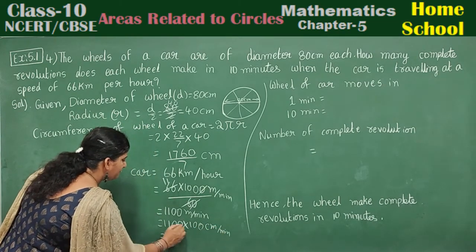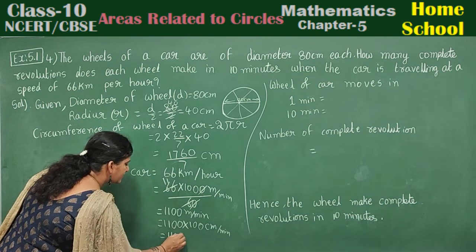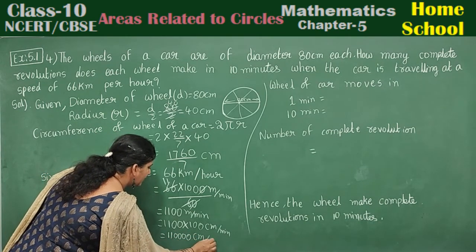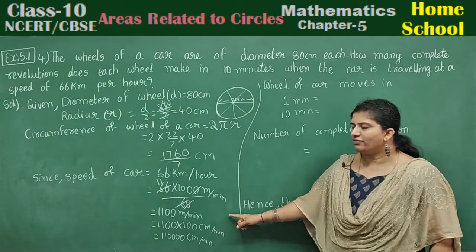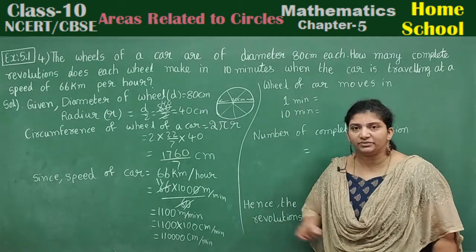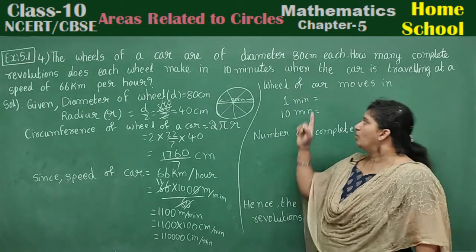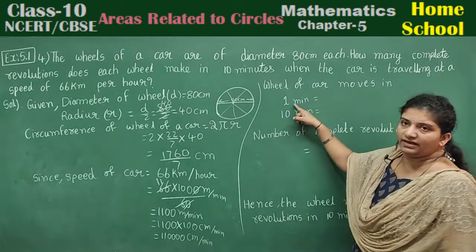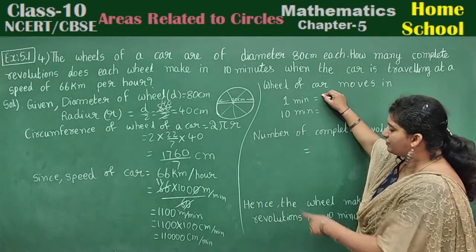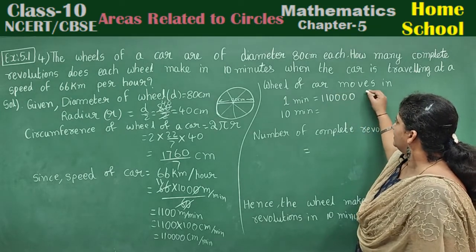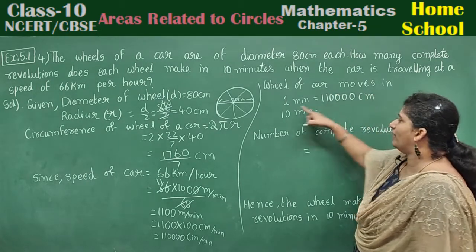That will be 110000 centimeters per minute. Now you can see here how much we got: 1,10,000 centimeters per minute. The wheel of the car moves in 1 minute 1,10,000 centimeters.